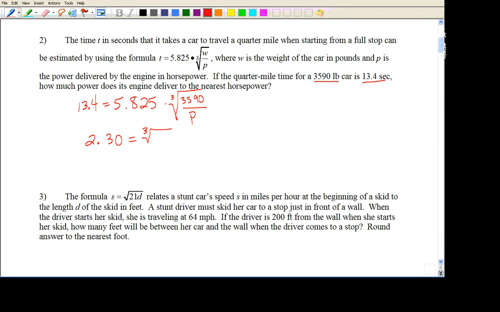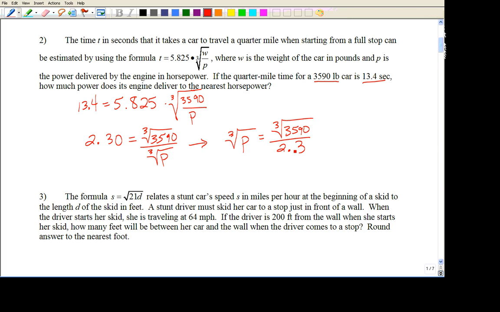So I have the cube root of 3,590 over the cube root of P. So here, if I multiply both sides by the cube root of P and then divide by 2.30, I'll get the cube root of P equals the cube root of 3,590 divided by 2.3.